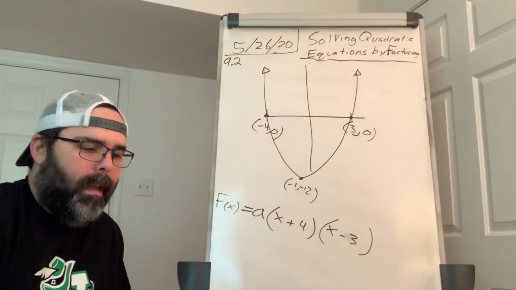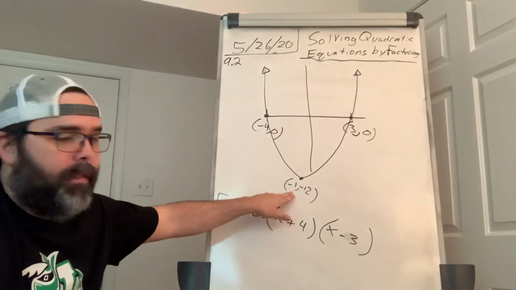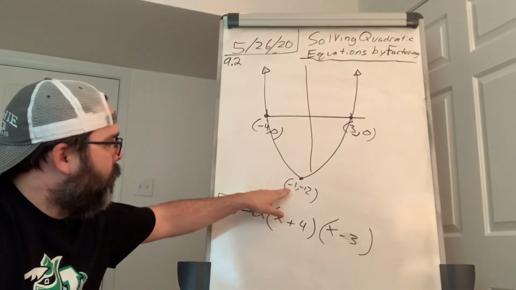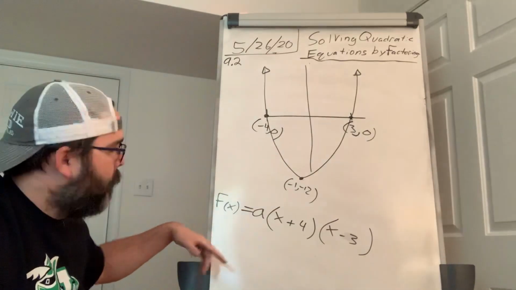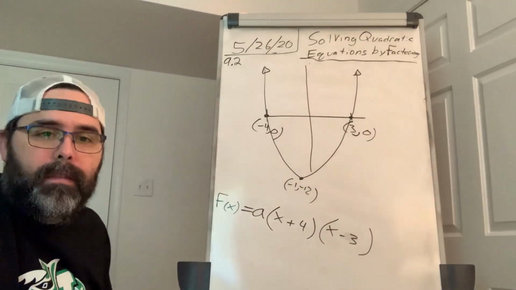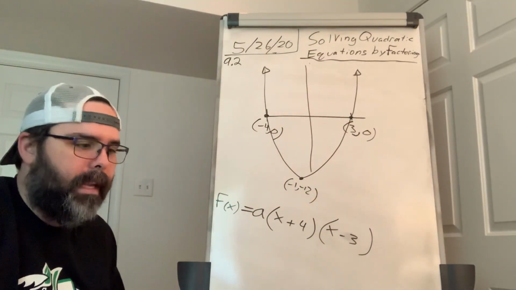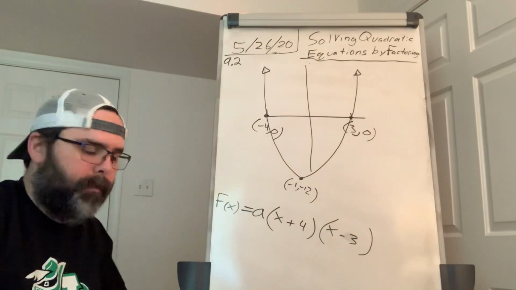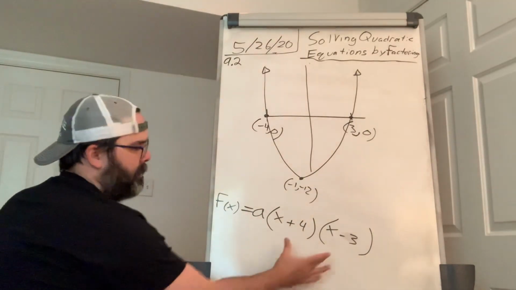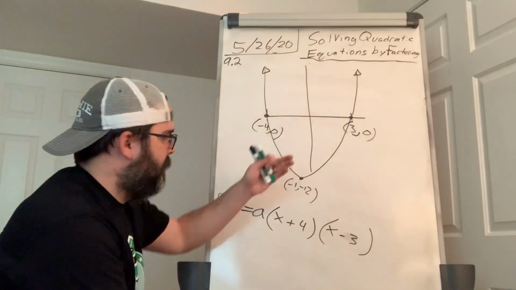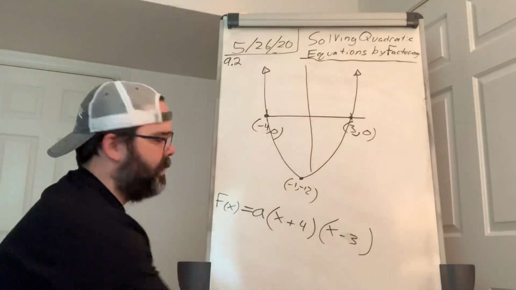To find A, we're going to take the vertex and we're going to plug it in for x and y, and we're going to solve for A, and that's going to tell us what A is. All right, A is important. A tells us the shape of the function. So this part was easy. We just take our zeros and we do the opposites and we put them in here.